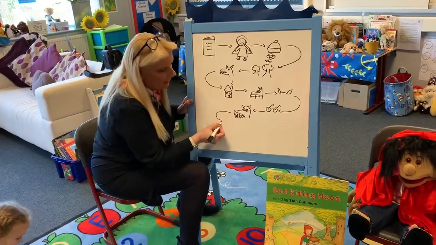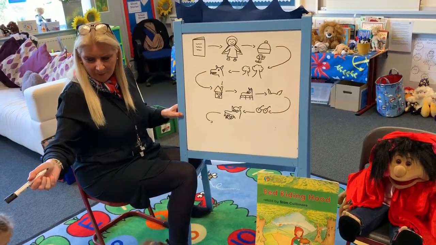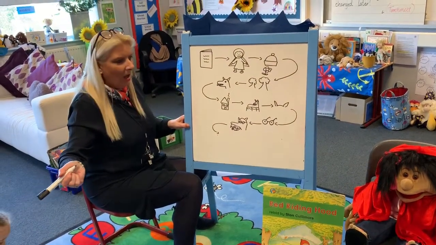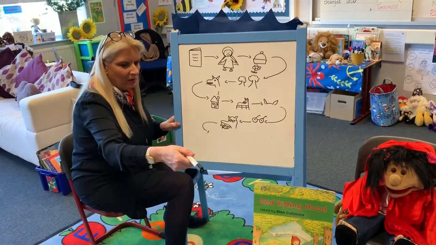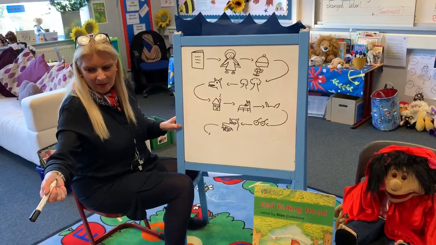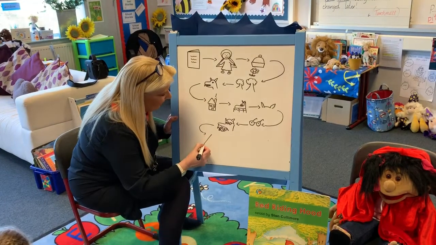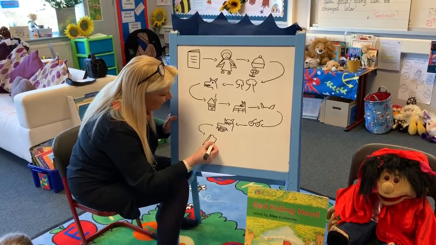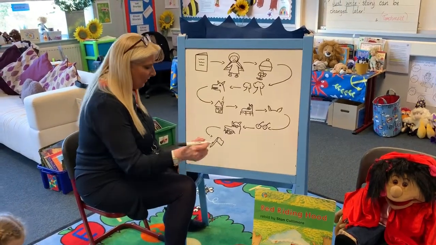It's getting to the end of the story now. Who comes along? A brave woodcutter. What does a woodcutter do? Cuts the bushes. What do you need to cut wood? So I think we need to draw an axe. There's his big axe that he's been cutting the wood with.